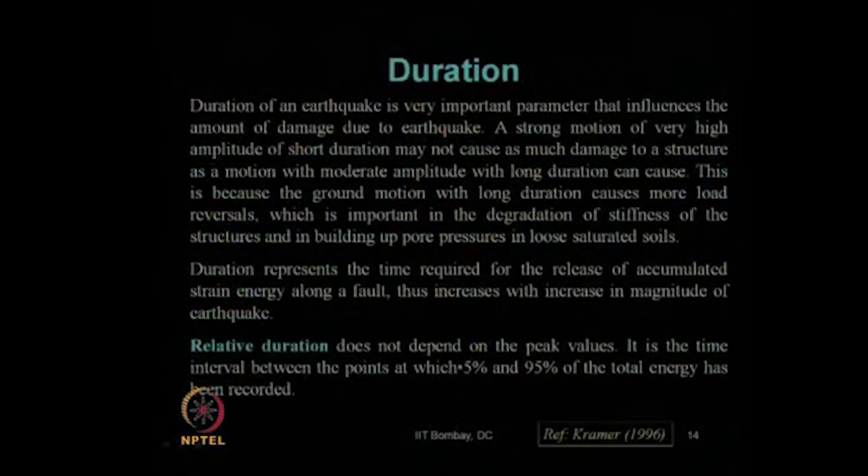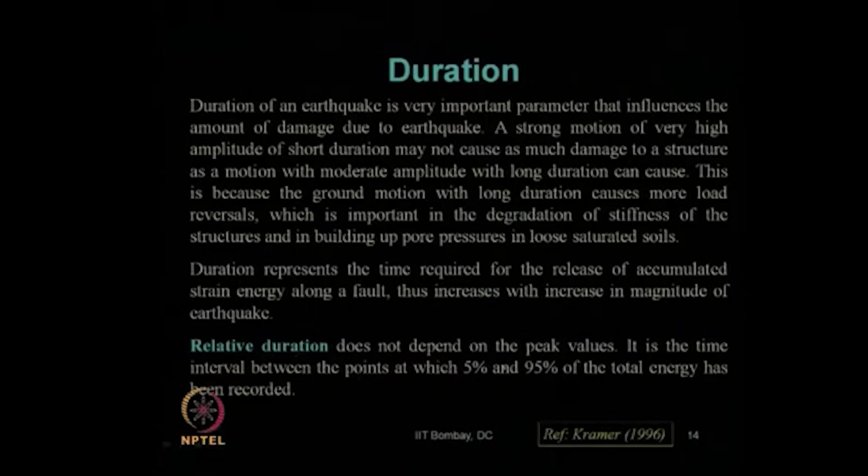So, this is the 5% energy release to 95%, that is the time at which, say total 100% of earthquake energy, 5% of that has been released, up to the time up to which 95% of the total energy has been released. This time to this time is called the relative duration of an earthquake motion.